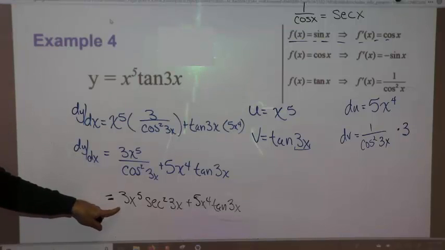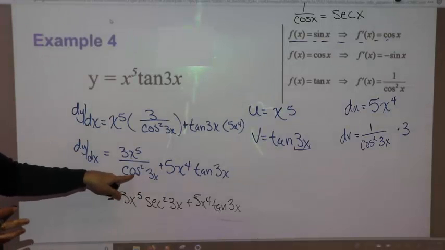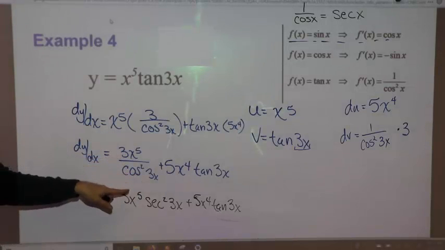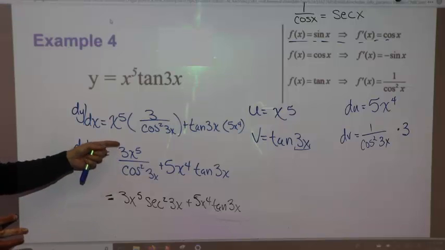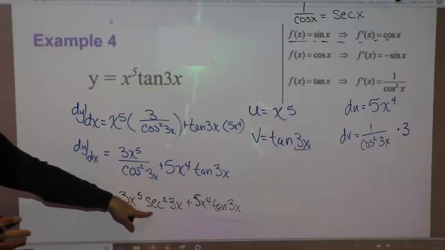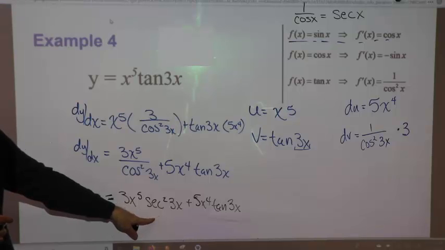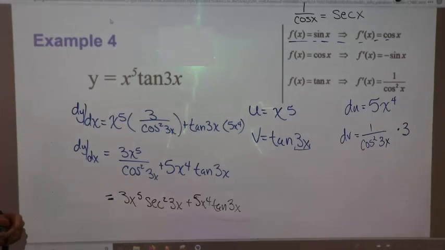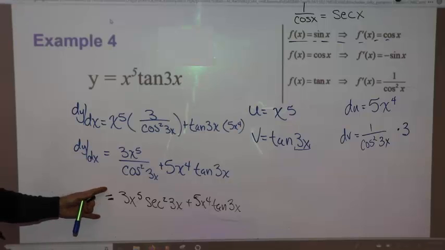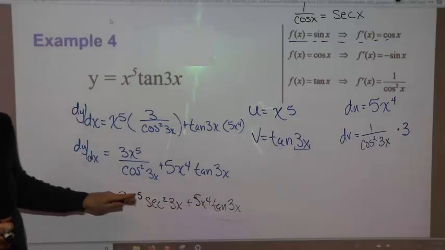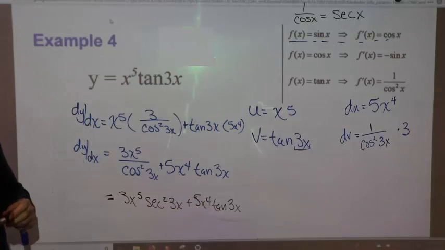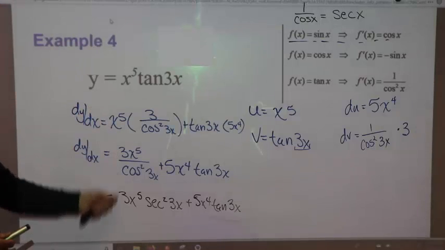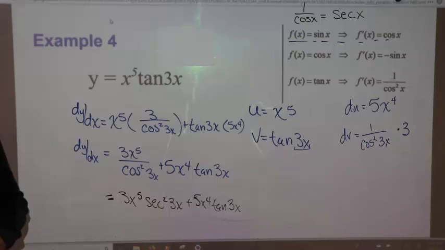But what I want you to just know is that you will see often, instead of writing 1 over cosine of x, they change it and call it the secant of x. Like I said, this is outside of your syllabus, so you don't have to worry about it. The blue is the final acceptable answer, but I don't want you to head off to university not ever having been told that 1 over cosine is actually secant.